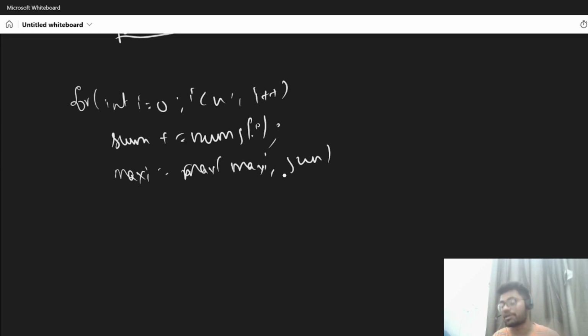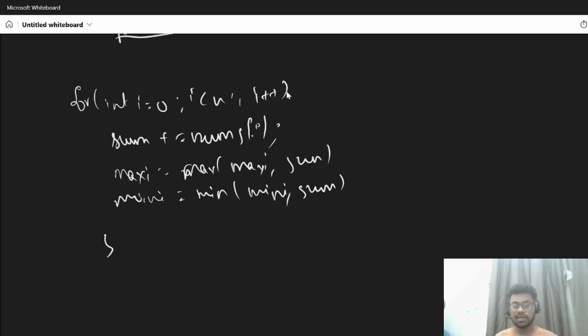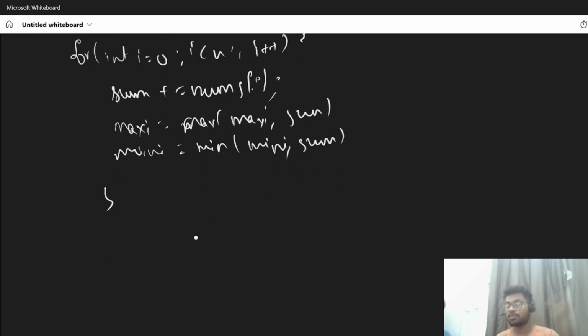If the sum increases into a positive integer, then maxi will be updated. And mini holds the minimum of mini comma this sum. If it goes beyond into negative values, then mini will be updated. In the end, we're just returning the gap between the maximum and the minimum. So just return maxi minus mini.